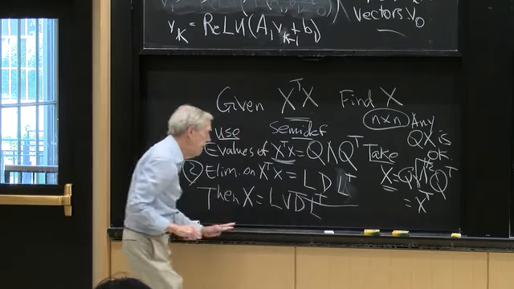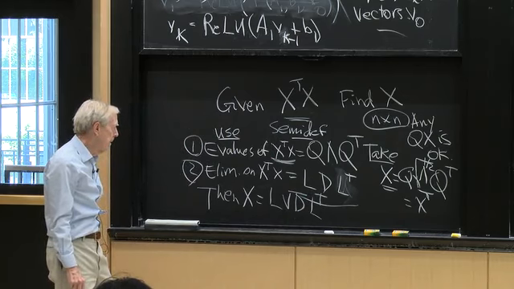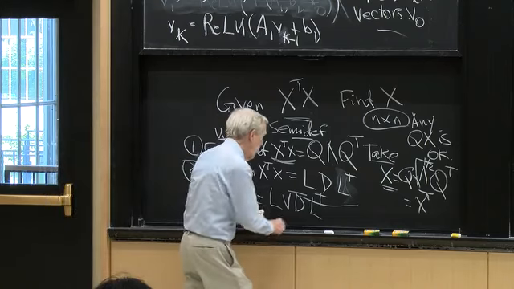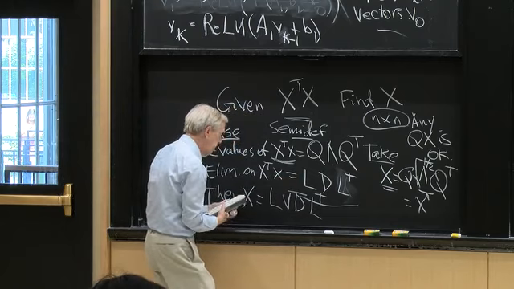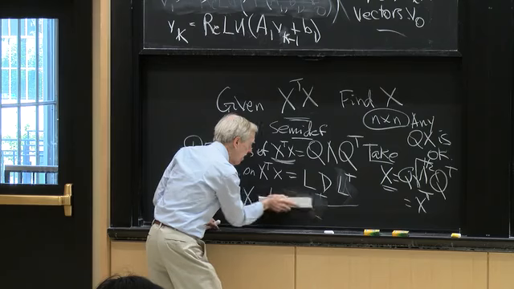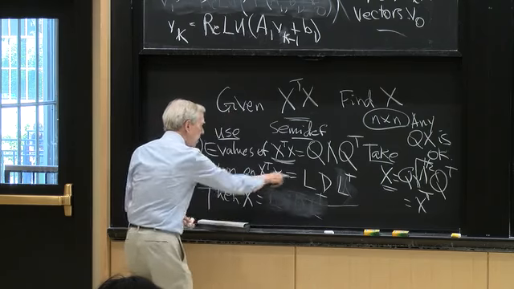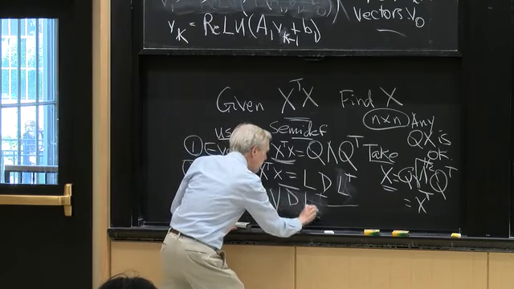Is that right? Wait a minute. No, that's not going to work, because I don't have L transpose L where I had Q transpose Q, which was good. Sorry, let's erase that. The X part should just be the square root of D L transpose.